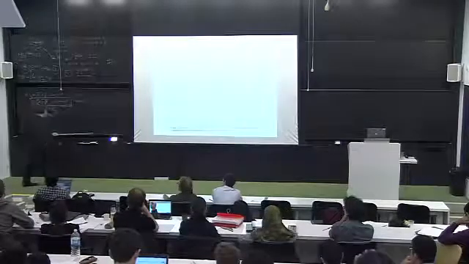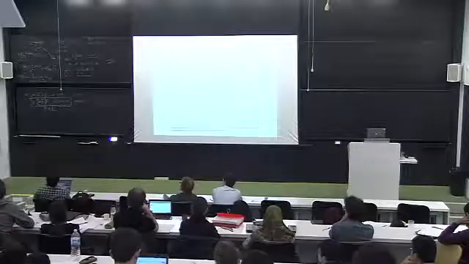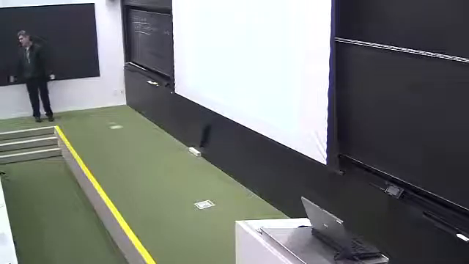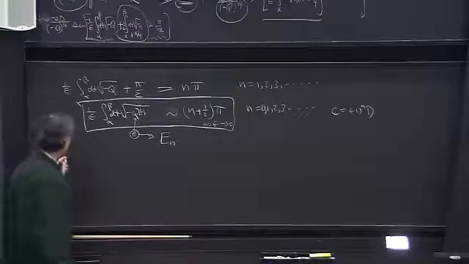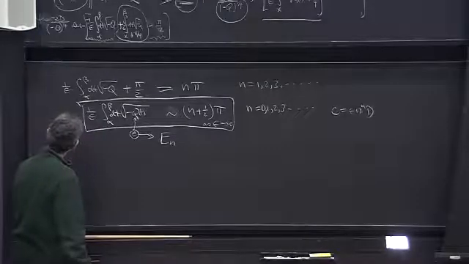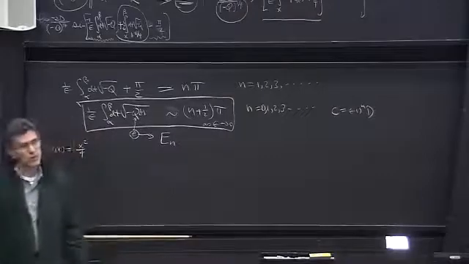But I'd like to do a very simple example. This is the standard example that you do in all elementary physics courses. Suppose V of x is x squared over 4, for example.